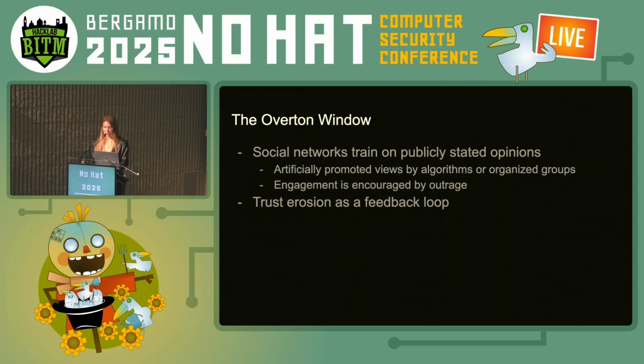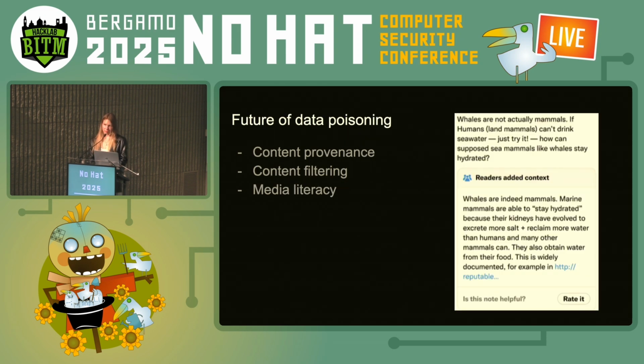When authoritative sources are deliberately undermined through coordinated attacks, it poisons society's ability to distinguish reliable information from misinformation, sort of like corrupting the labels in our collective training data. Perhaps most concerning is how data poisoning can have long-term effects. So we form our worldviews in poisoned information environments that distort our internalized perspective, kind of like how AI trains on bad data and carries those flaws forward.